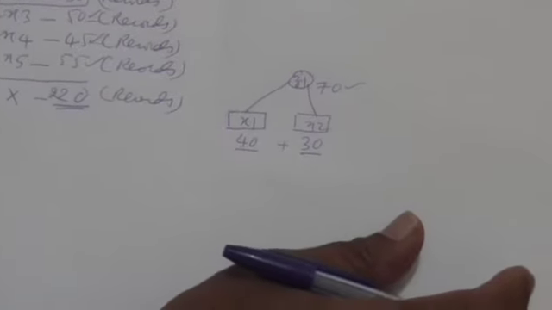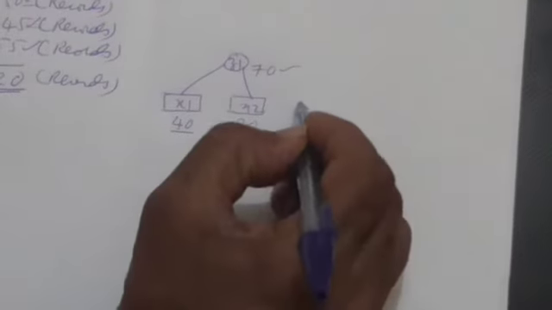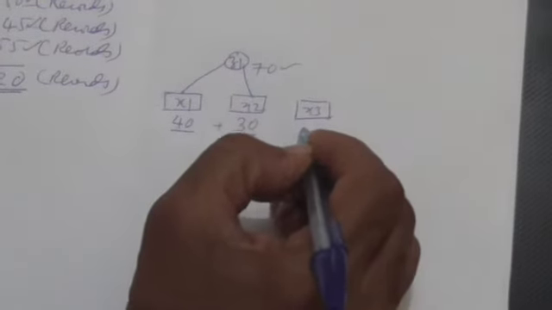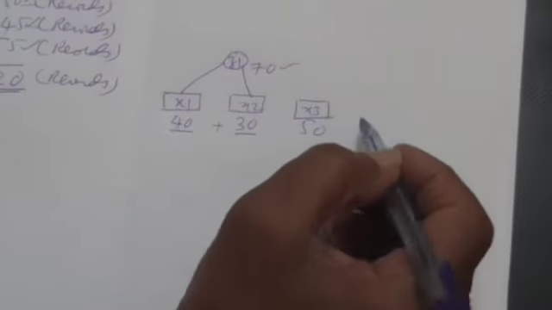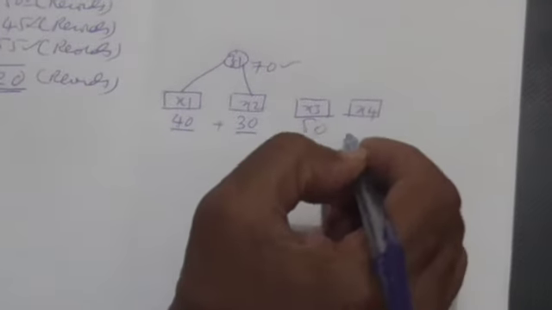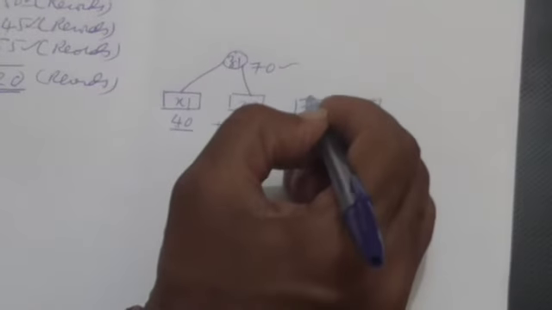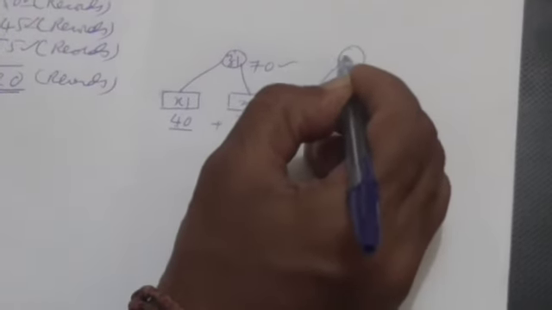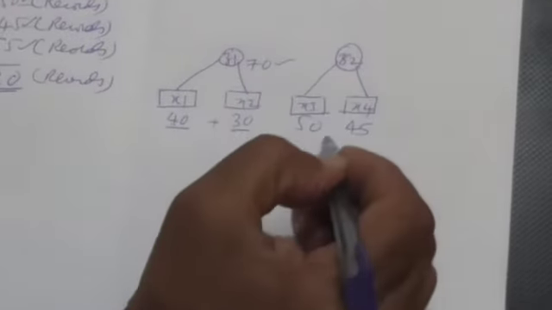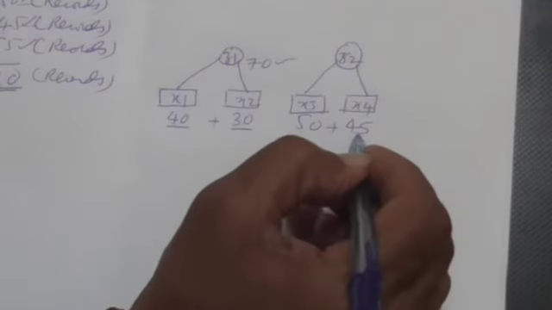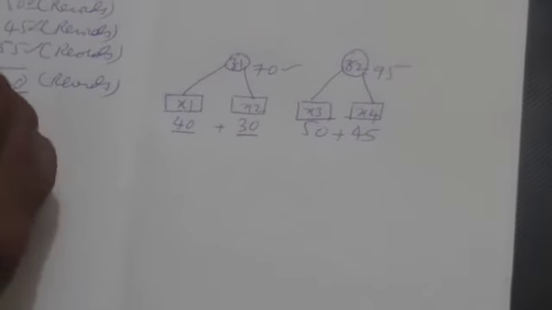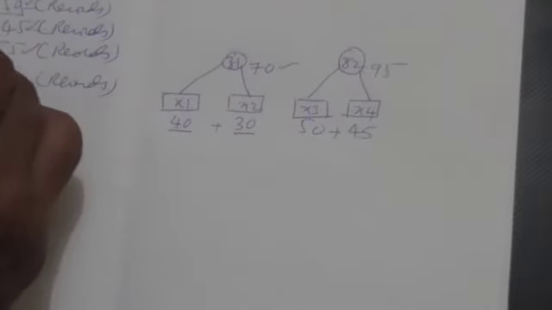So I merge those two files again. x3 containing 50 and x4 containing 45 records. I merge these two, and the new file I call Z2, and it contains 50 plus 45, so 95 records. Now these two have also been answered.